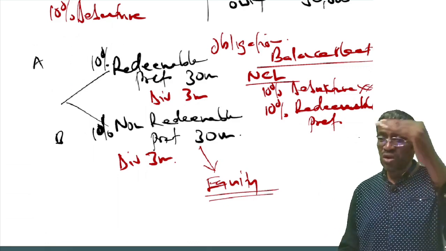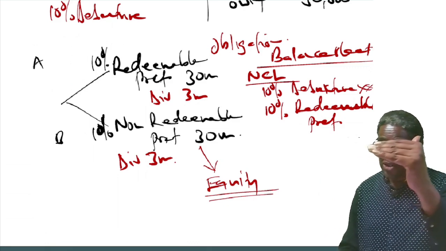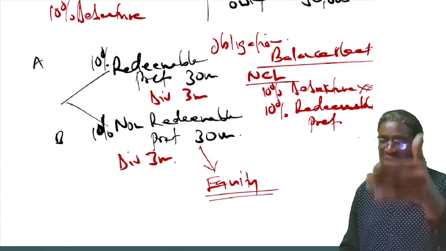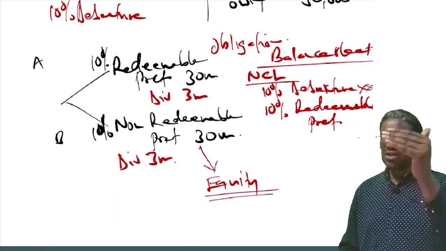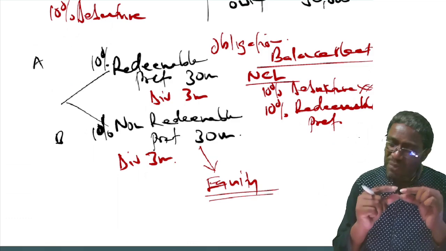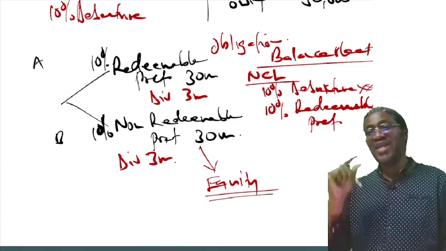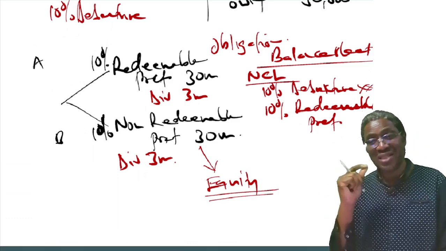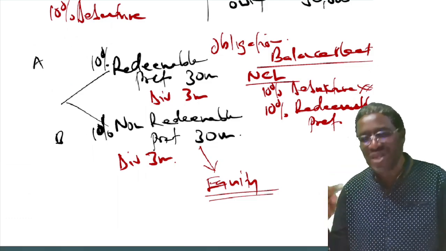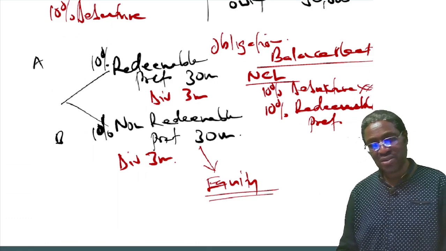Where you got the profit before tax, if you are doing financial accounting in section 1, you say profit after tax, less dividends, transfers to reserves, and so on. That's where the dividend of the preference shares would come in for the non-redeemable. That 3 million for Company B becomes an appropriation of profit.